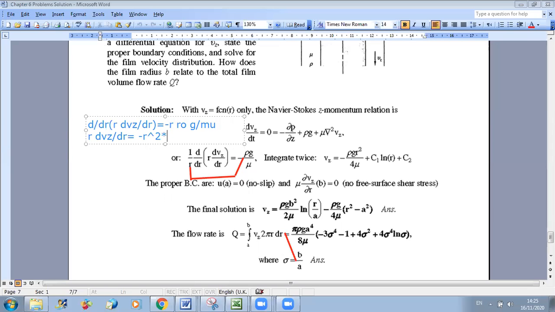So minus r square times rho g over 2 mu. This is the first integration.